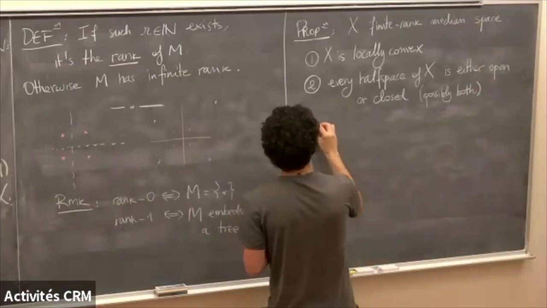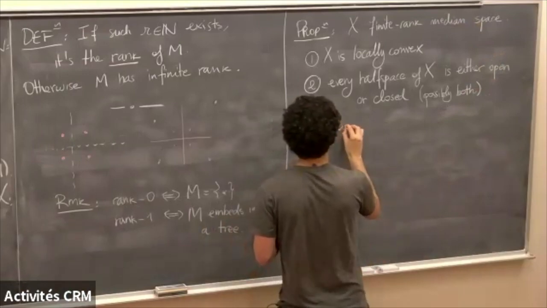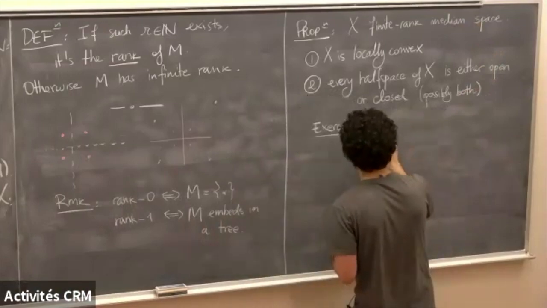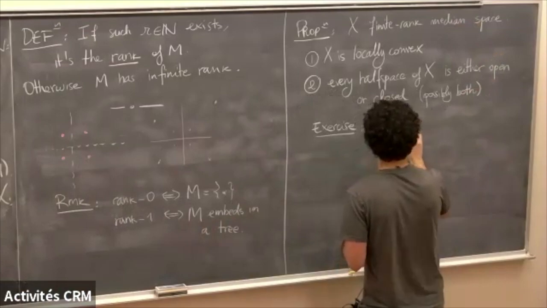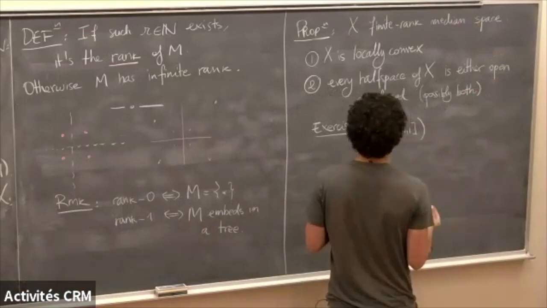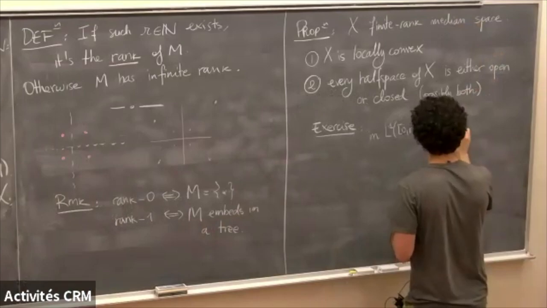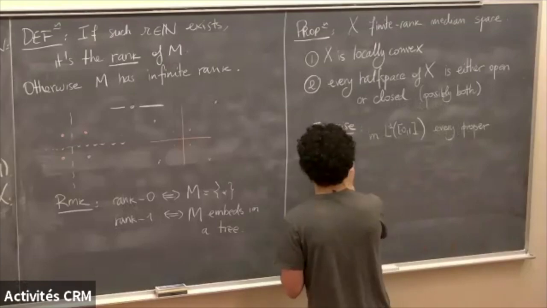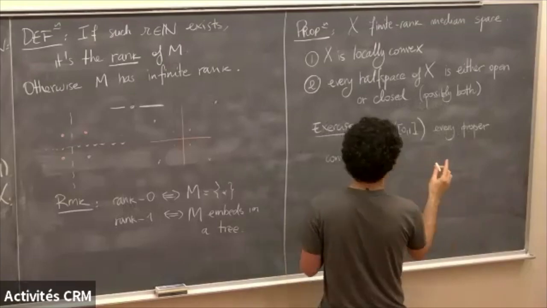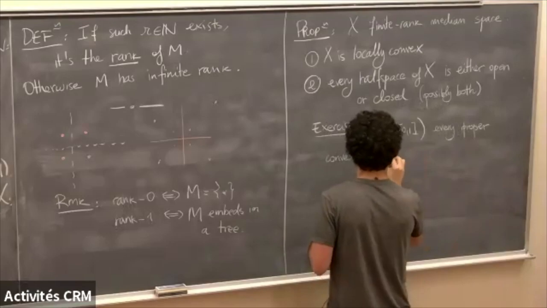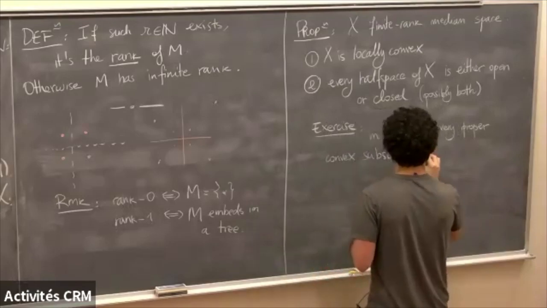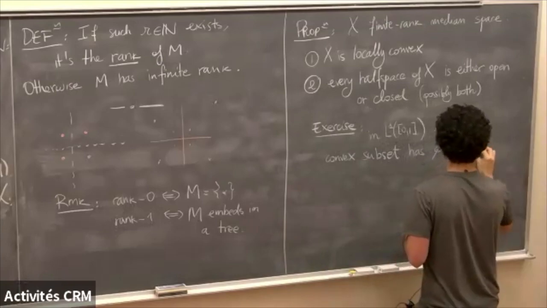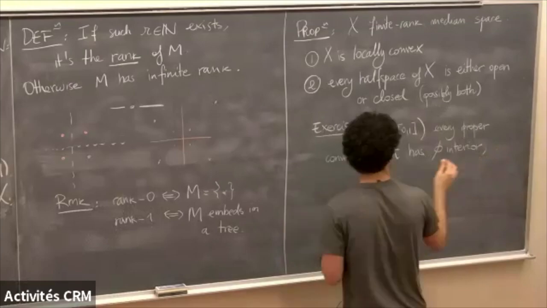And just for comparison, so this is going to be an exercise in a few minutes, instead in L1 of the interval, things are very different because every proper convex subset has empty interior, and every half space is dense.